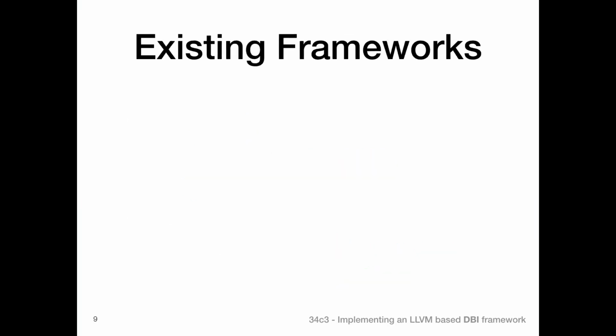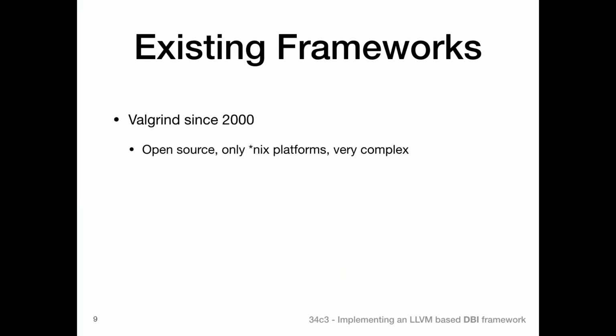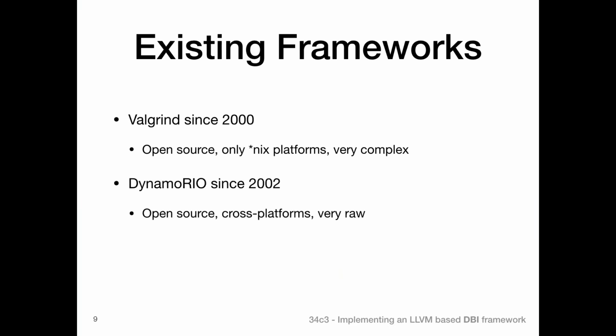So there's a few existing frameworks, and the first one is Valgrind, as I mentioned, that exists since 2000, is open source. However, it only supports Unix platforms and is very complex to use, not to use in the command line tool, but to write your own instrumentation tool. Another one is DynamoRIO, which exists since 2002, which is open source.